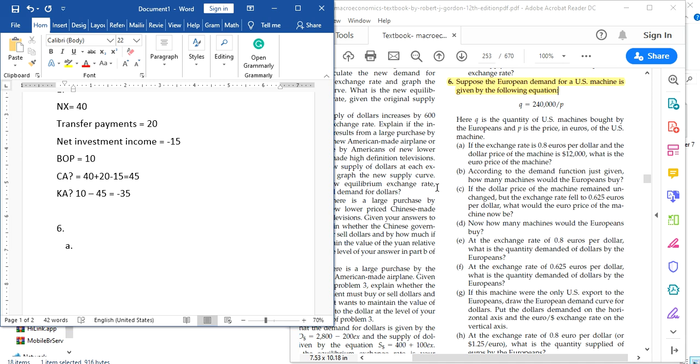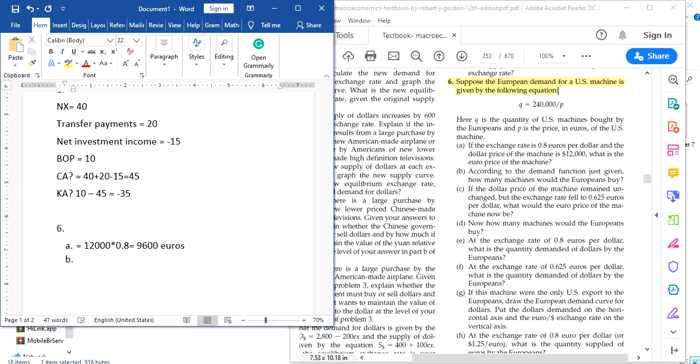Okay, so the price is given in dollars. It's asking us to find the price in euros. So we calculate the dollars to euro rate, and then we understand the price will be 9,600 euros.